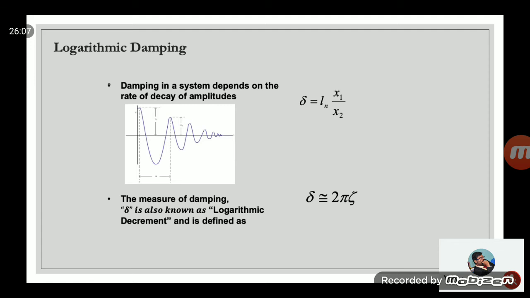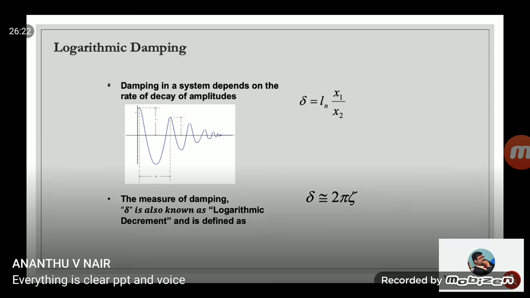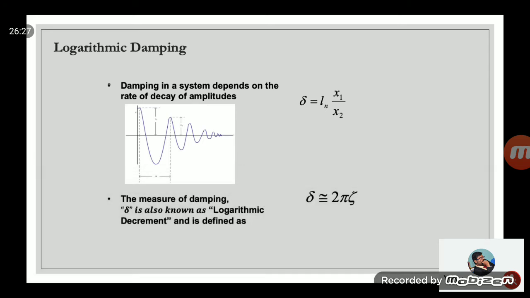So we should know how to measure damping, because we need it in the equations of motion to find out the amplitude, the frequency and so on. Of course, frequency is not dependent on damping, as you know; it's mainly dependent on mass and stiffness. Damping only helps reduce the amplitude. That's all it does.